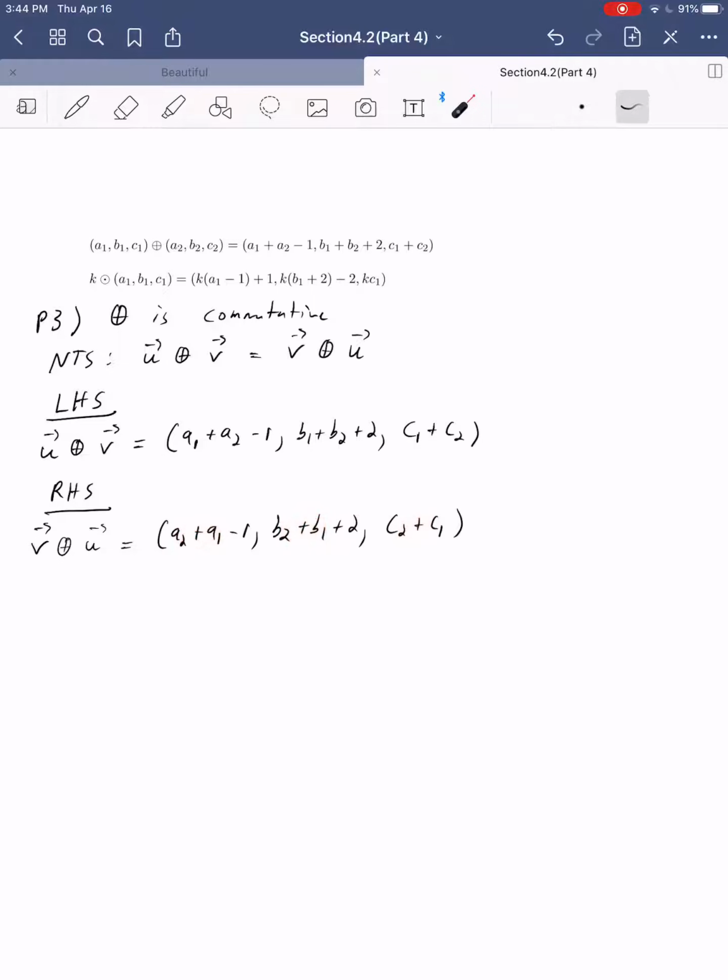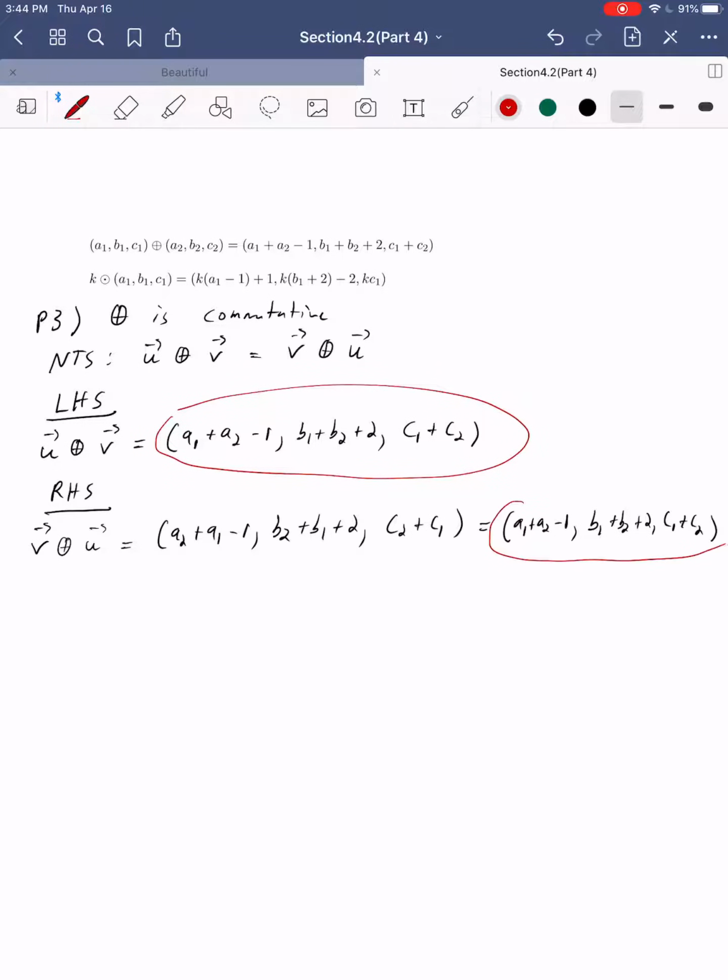It's just normal addition or subtraction, so we can do that in whatever order we like. So this is clearly a1 plus a2 minus 1, b1 plus b2 plus 2, and c1 plus c2. And then we've shown that this guy here is the same as this guy. These guys are equal. So that's what we wanted to show. Okay, so we're all good there. We've shown that the left-hand side is the right-hand side, so we know that the plus operation is commutative.